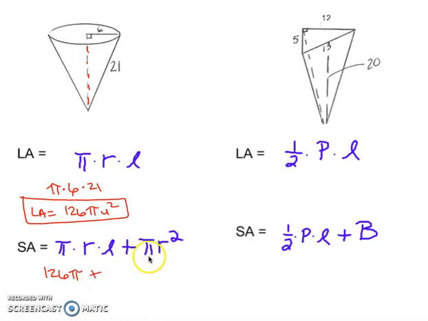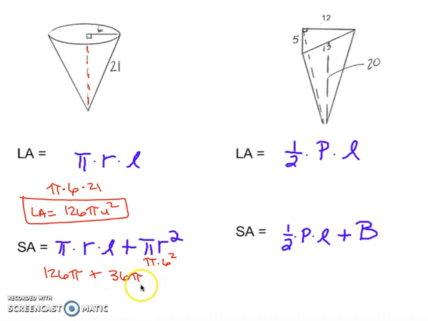Plus pi r squared. And just like we did in chapter 10, if I were to just find the area of this circle, it would be pi r squared. So for this circle, that's pi 6 squared. So I could put pi times 6 squared, and we know that that would be 36 pi.